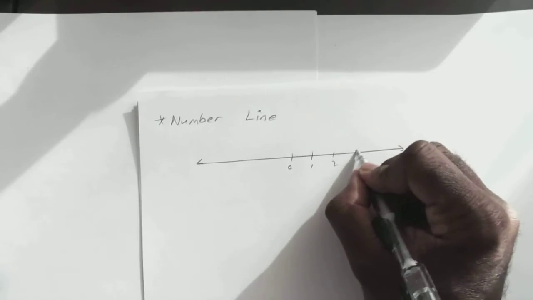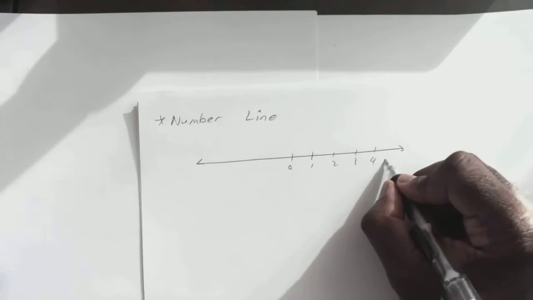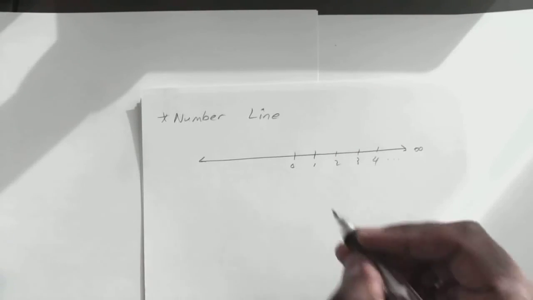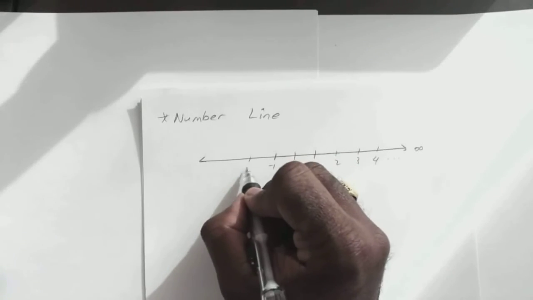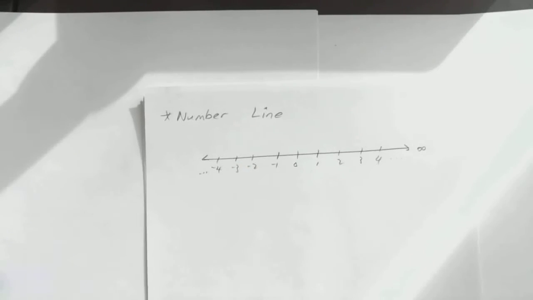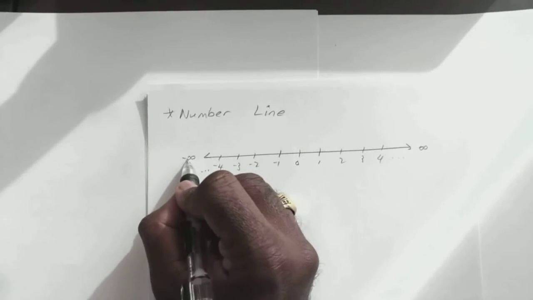So let's say if you have 0 here, you have 1, 2, 3, 4, and it keeps on going all the way to infinity. But it also goes the opposite direction to -1, -2, -3, -4, and it keeps on going all the way to negative infinity.